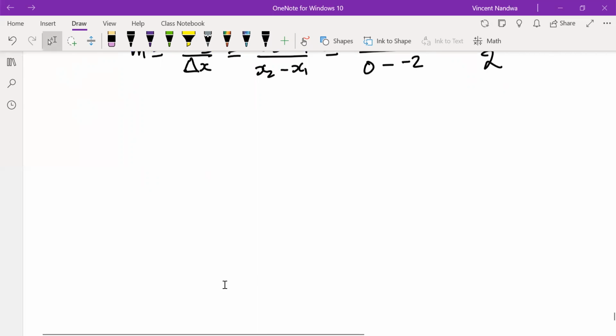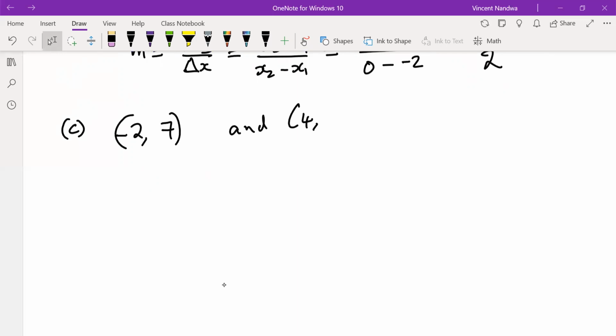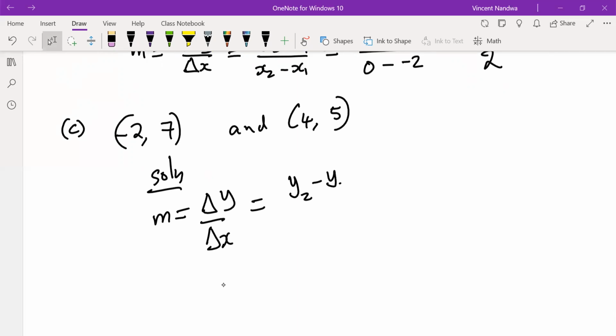And then next, (2, 7) and (4, 5). So by definition, m is change in y over change in x, which is y2 minus y1 over x2 minus x1.